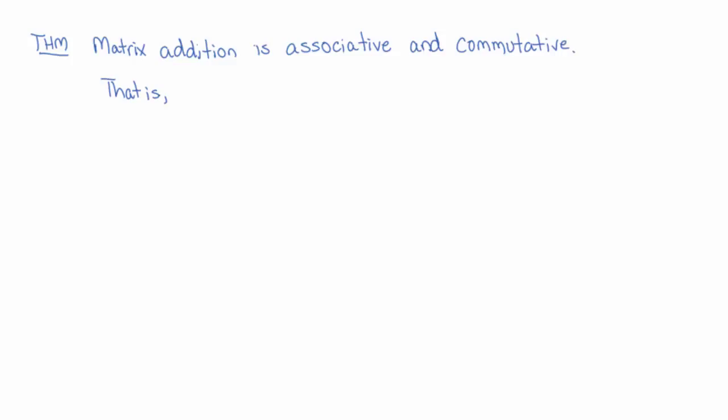But for now, we'll just say associativity means that the matrix A plus B, then added to C, is the same thing as if we had taken the matrix A and added it to B plus C. That's associativity. Commutativity is just that you can commute the addition. In other words, you don't have to add A to B.